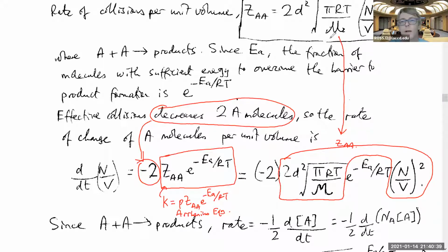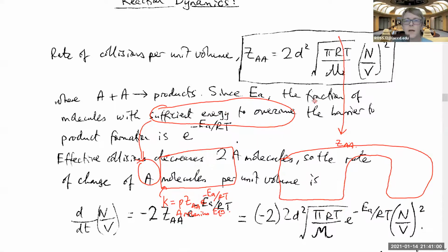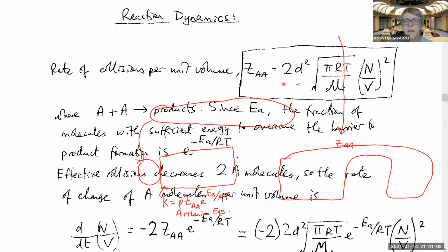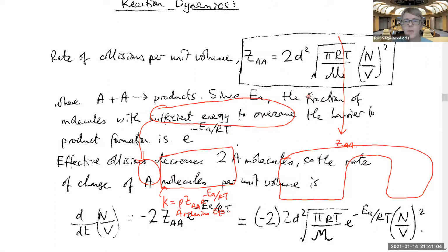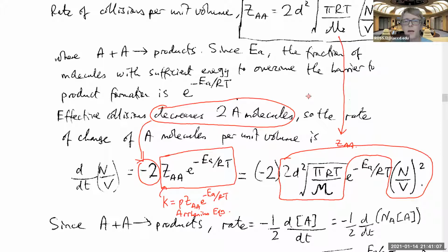If you scroll back to that box, or if you can see it, I've got my screen in the way, so I can't really see it. But if you refer back to that, let me see if I can do it actually. It's hard to annotate and scroll on these things. Yeah, so you can see here the Z_AA.